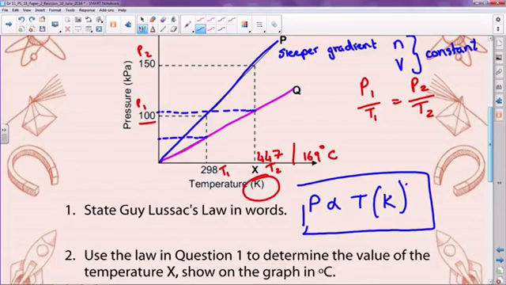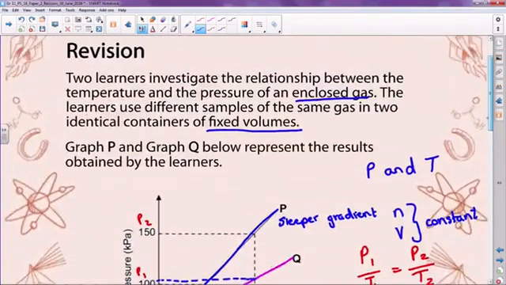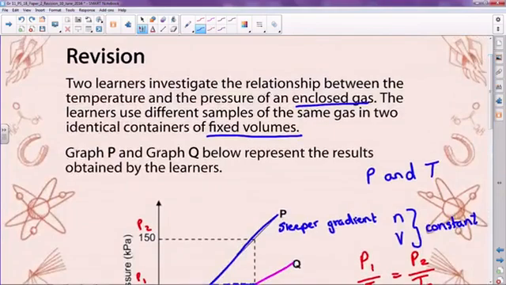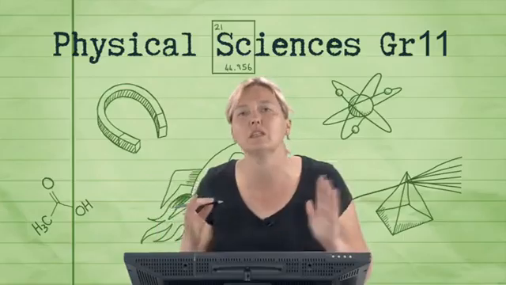So what do we have going on here? We know we've got the same volume, and we made the assumption that the number of moles was constant. If this is not a real and ideal gas, the only other possibility is that the number of moles between the two gases is different.